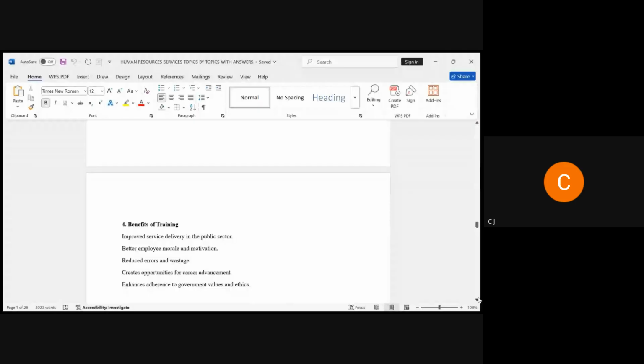Enhance adherence to government values and ethics. We are going to have a group for us to challenge one another to take these courses under Kenya School of Government, ICT courses, so that we may be on another level.